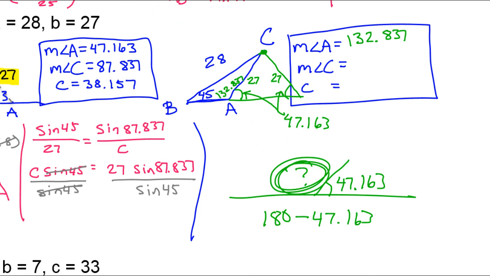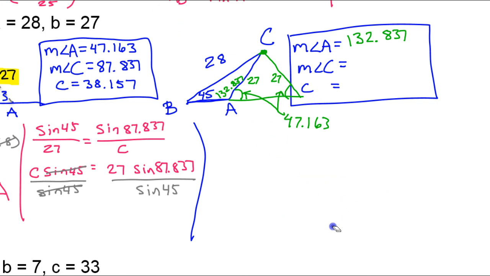Okay, I found the measure of angle A. Now I should be able to find the measure of angle C very easily. Okay, now I don't need this scaffolding anymore, so I'm going to erase this. Clean that up. So I found that. Now I have these two angles and I'm looking for the third angle.